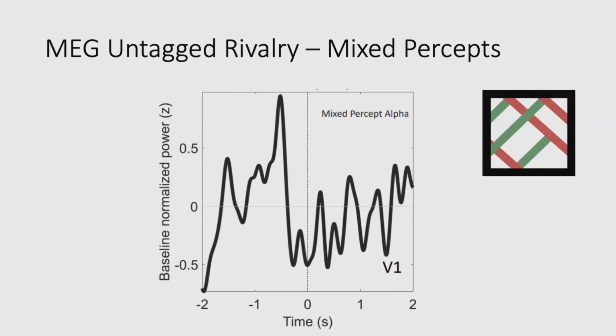We find alpha is higher right before a mixed percept, which could really support the idea that these mixed percepts are a time of very strong competition, in which there is a suppressing of a switch.